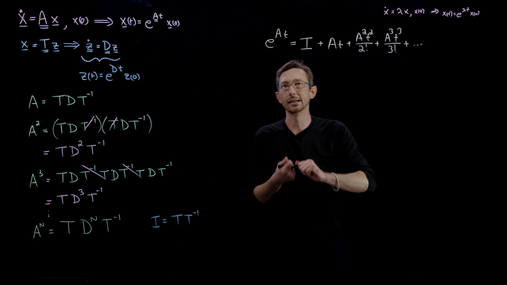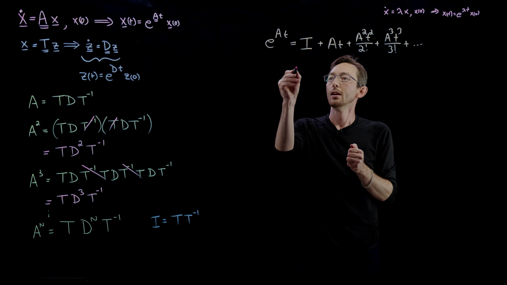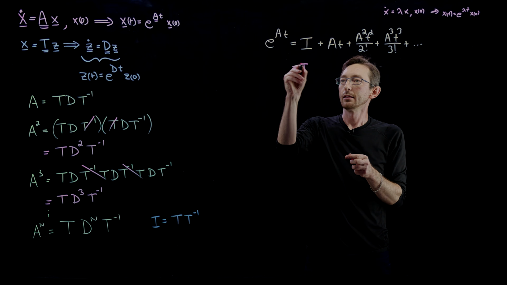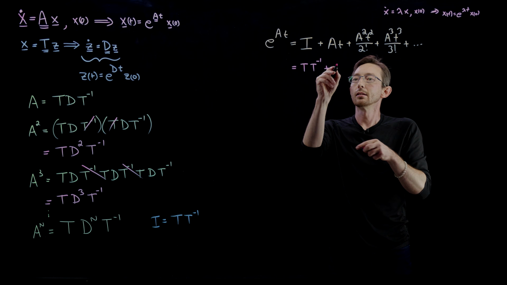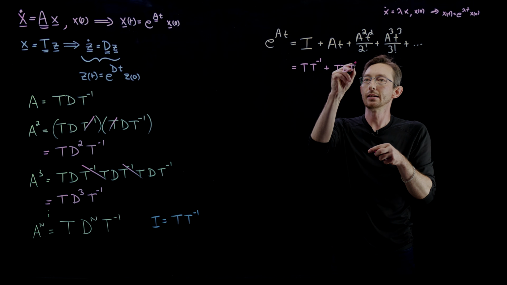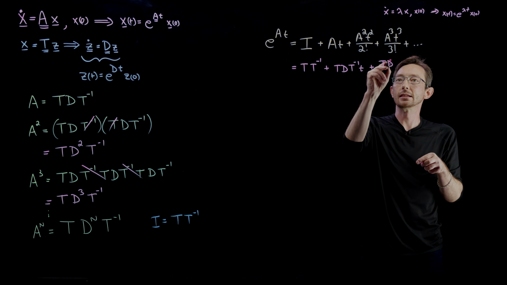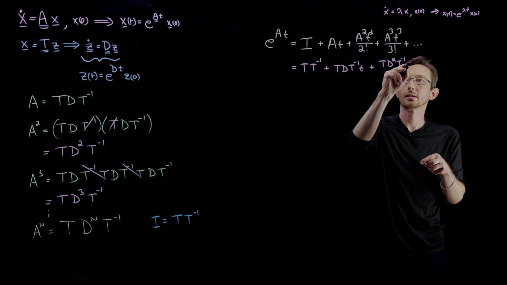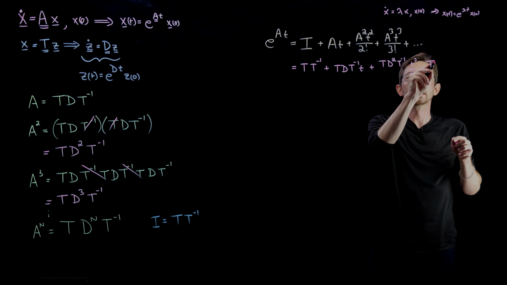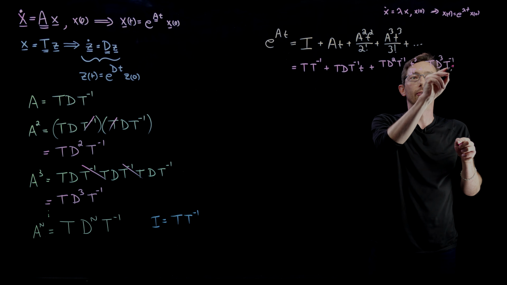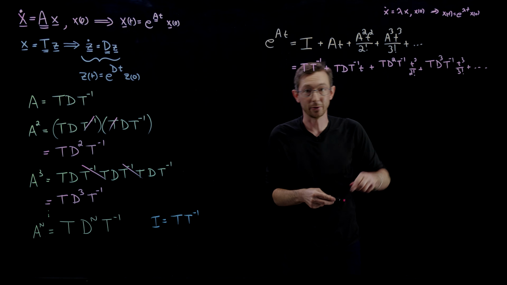So what I'm going to write is that this expression here equals, maybe I'll use pink since most of these here are pink. So this equals T times T inverse plus T times D times T inverse times t plus T times D squared times T inverse times t squared over 2 factorial plus T times D cubed T inverse times t cubed over 3 factorial plus dot, dot, dot, forever and ever.